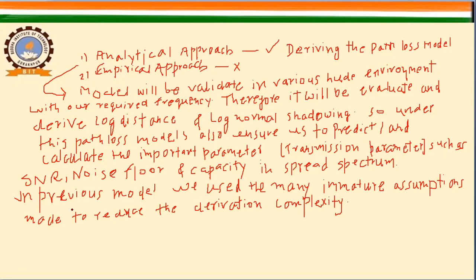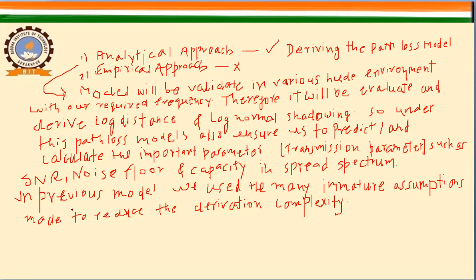But still we formulate these assumptions to get the path loss model either in free space or in the two ray model. Therefore, we need to make more realistic modeling to handle these path loss models.